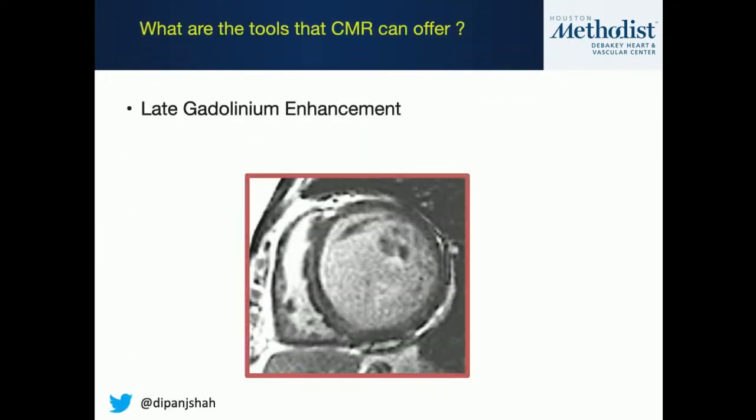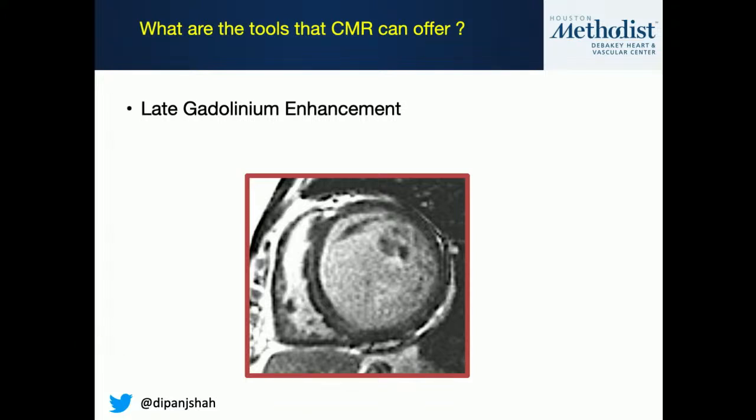But I think really the killer application for cardiac MR is late gadolinium enhancement. This is a technique which has been around for about 25 years and allows you to directly visualize the presence, location, and extent of myocardial injury. You can see in this example there's what we call a mid-wall stripe. There's an area of hyperenhancement in the middle of the myocardium in the interventricular septum.